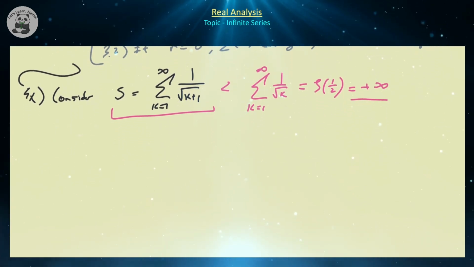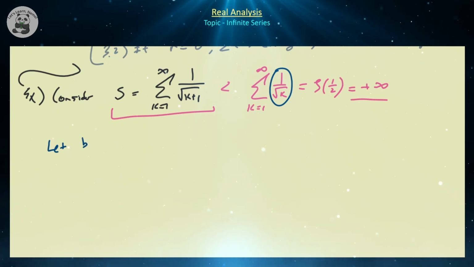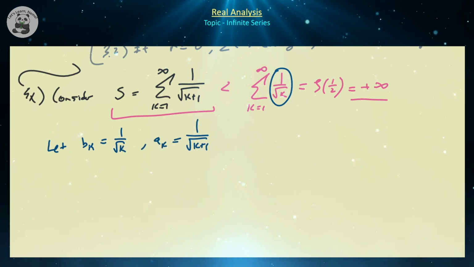So let's see if we can use the limit comparison test to get something that's at least meaningful. I'm going to use this 1 over square root of k sequence to my advantage, and let that be my bk. So bk is equal to 1 over the square root of k, and I'm going to let ak be equal to my original sequence.